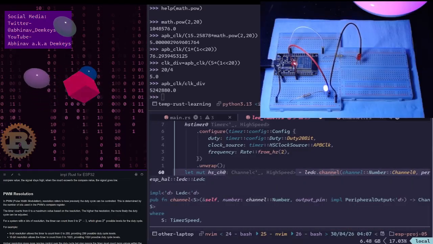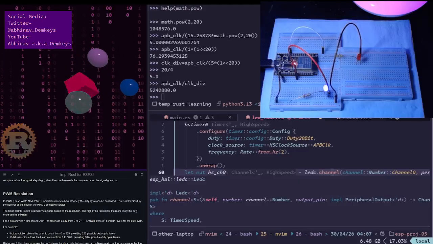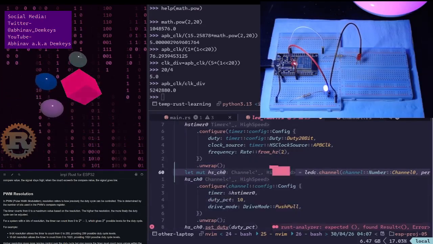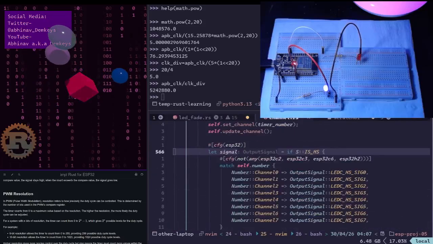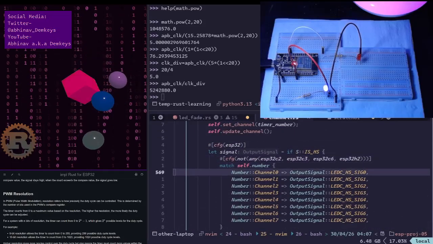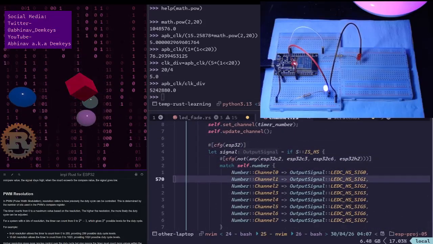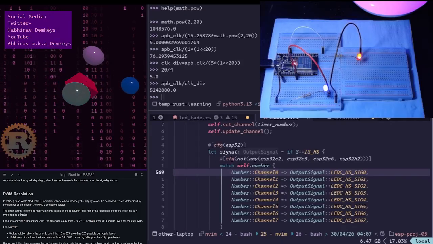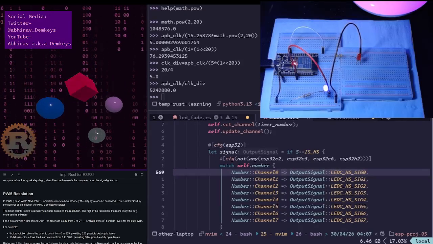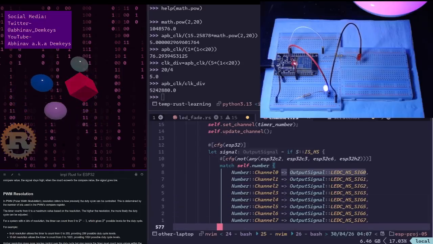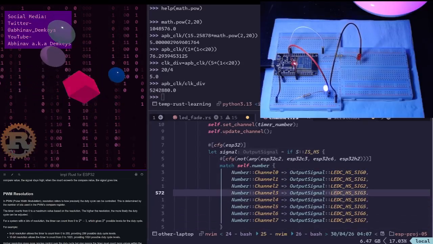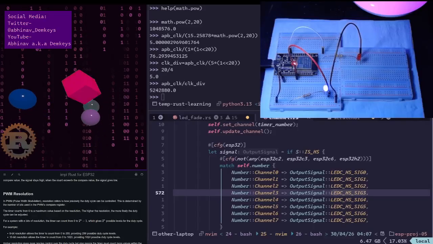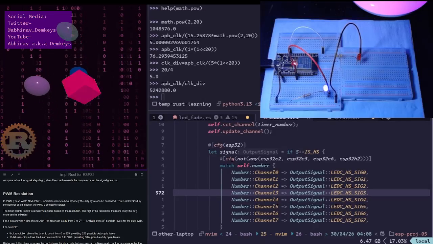Yeah, ledc dot channel, and yes, this returns a channel. So depending on which channel we choose here, it then decides which specific channel it's supposed to use. Here they're mentioning signal, so I'm assuming this maps to whatever specific channel outputs there are.